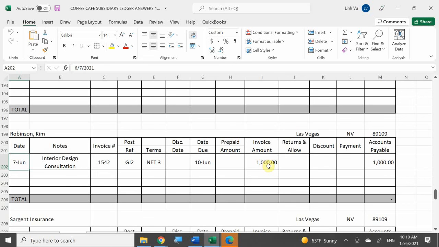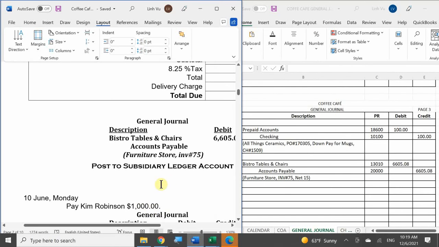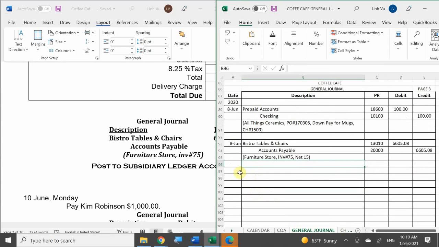So in this case, how do I pay for what I owe? How do I journalize this transaction if I have to pay Kim Robinson $1,000? Checking.